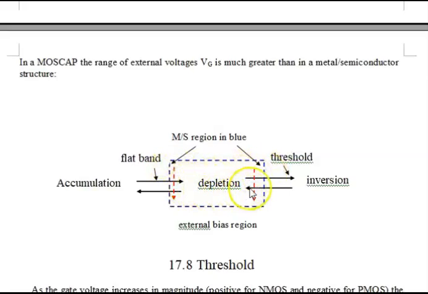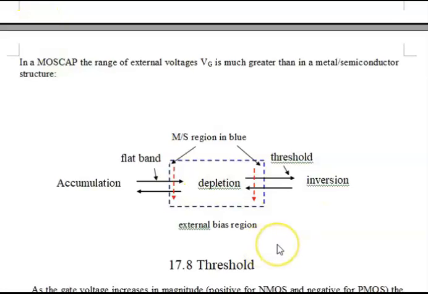It can basically only be in depletion, and as we make the voltage, say for P-type silicon, more negative, we don't get to flat band. This is forward bias, and we get a large forward current. In this region here, we have reverse bias, and we get a reverse current. So the range of external biases is much smaller.